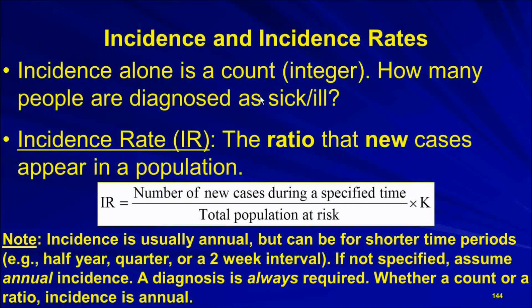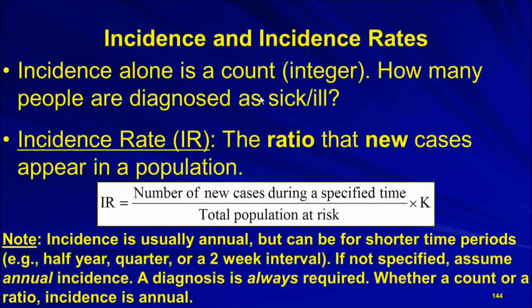Now, if it's not specified, if you just read something, and we're talking about an incidence rate here, or incidence in general, it usually means that it's annual. It's annual incidence. It can be a shorter time period, but if it's not specified, it's annual.